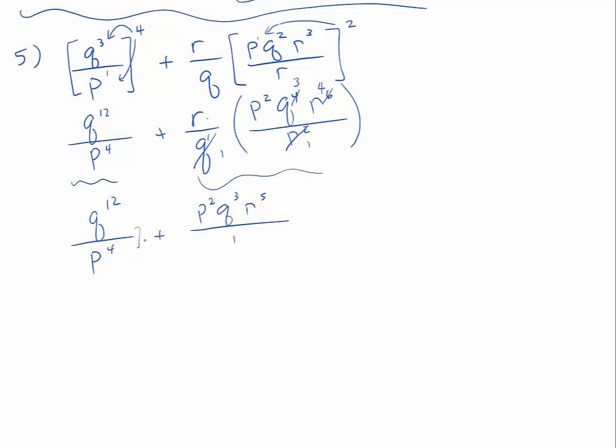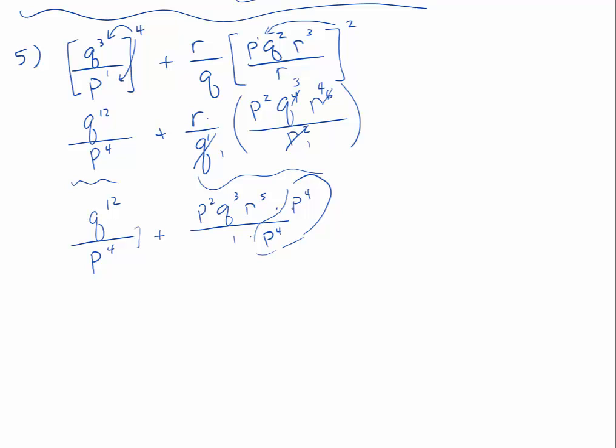And our common denominator, it's nice that it's a 1, because our common denominator can then just be p to the 4th. Common denominators with variables, again, typically you're just going to multiply them by each other, as we'll see in problem number 7. But since this is just a 1, I kind of am multiplying them by each other. But I'm multiplying the top also by p to the 4th, so that if I look at just this right here, p to the 4th by p to the 4th is just 1, and 1 times anything is just itself.